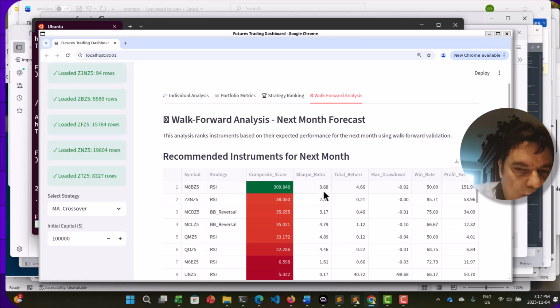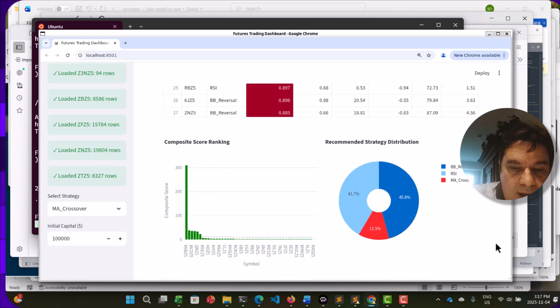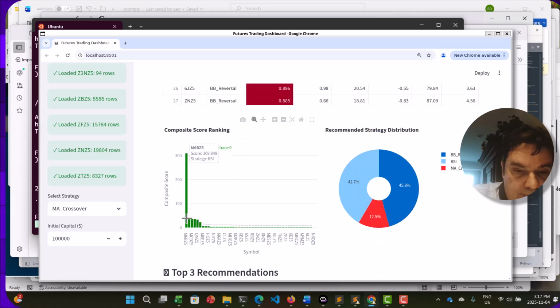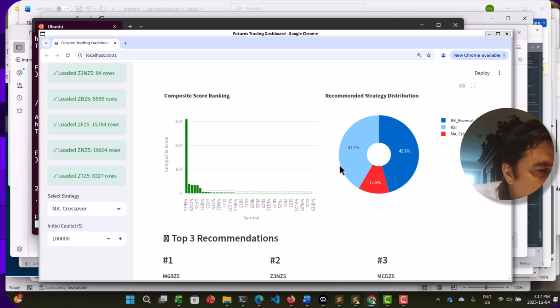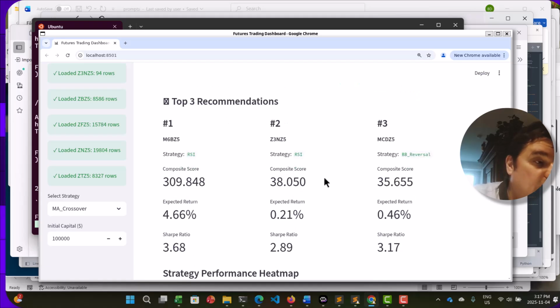Right now, it's forecasting a Sharpe ratio of 3.6 and so on. We have some other ones here, like MCD, using the different strategies. And these are the recommended strategy distribution for forward analysis. So that's very powerful to know.